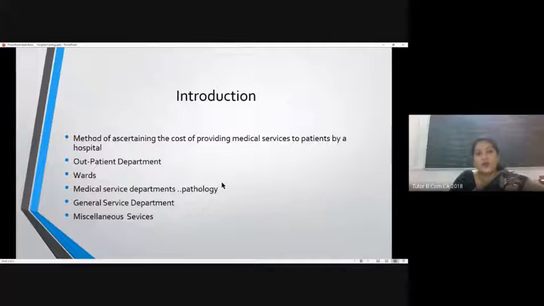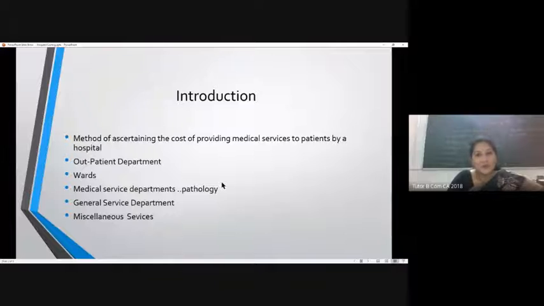That is also another area of cost accumulation. Then we have many general service departments like canteen facility, laundry facility, and other additional facilities that are provided mostly to the inpatients. Then the next category can be miscellaneous services, mainly conveyance facilities or cleaning facilities. All these can be brought under miscellaneous services.